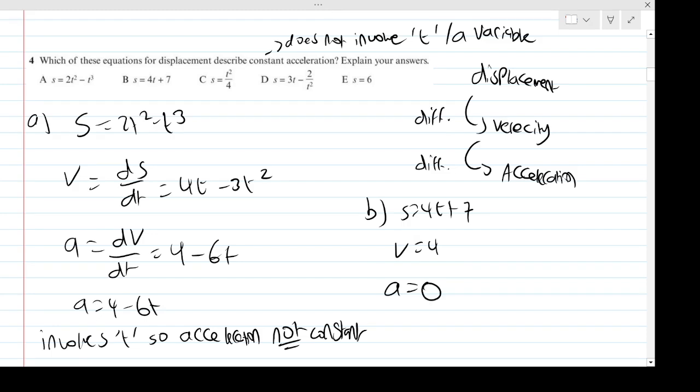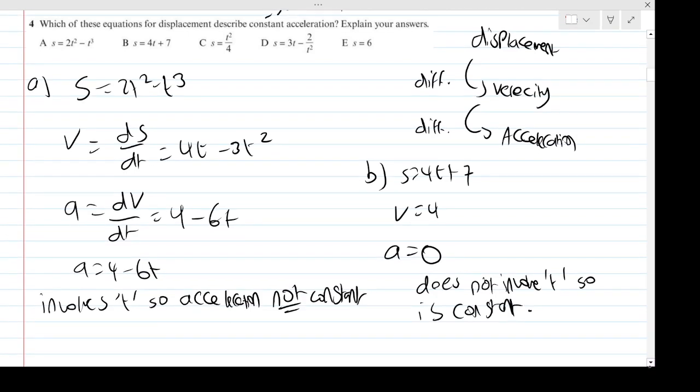So the acceleration is always 0, and it doesn't involve t. So actually it is constant, it's just a fixed number, 0. So it is constant acceleration. And so there we are.